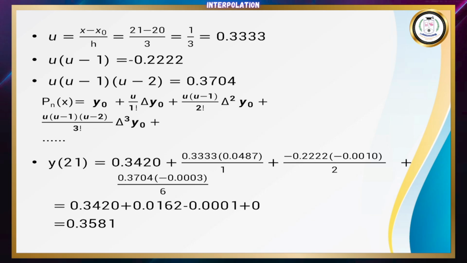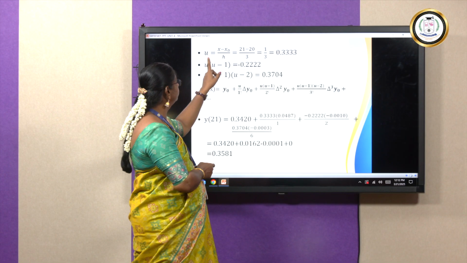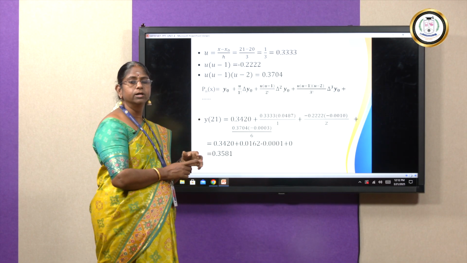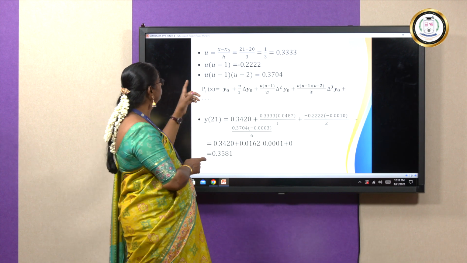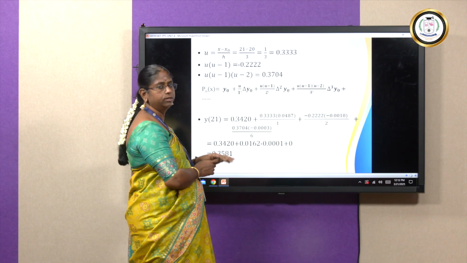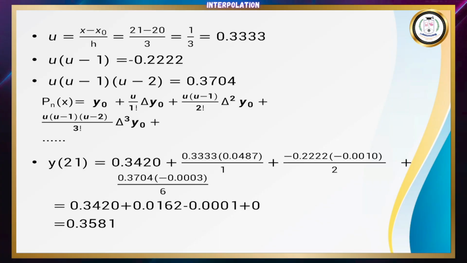Then we may find out what is u. u equal to x minus x naught by h, that is 21 minus 20. What is your x? We want to find out the value at x equal to 21. So I would take x is equal to 21 and x naught equal to 20, and h is the difference, 3.